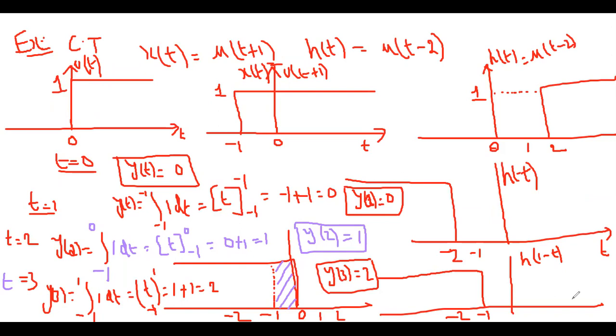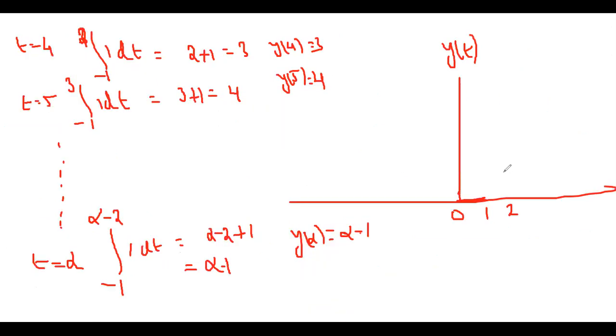At t is equal to 2, the value is 1 here. And at t is equal to 3, the value is 2. At t is equal to 4, the value is 3.